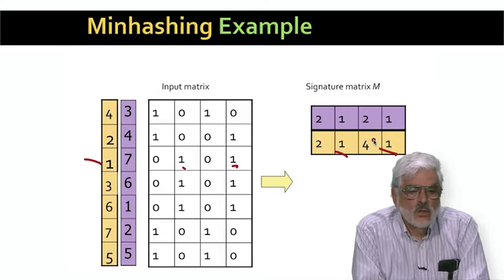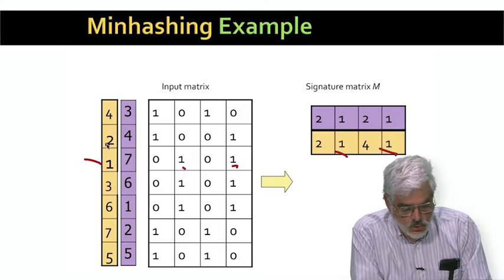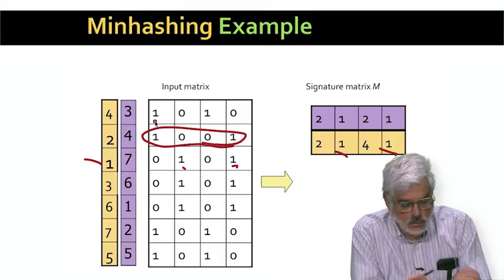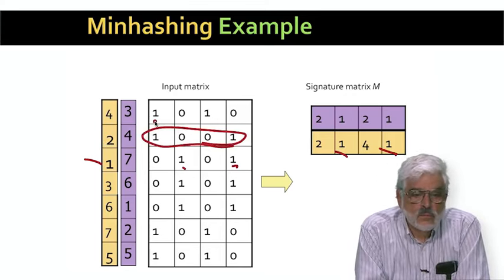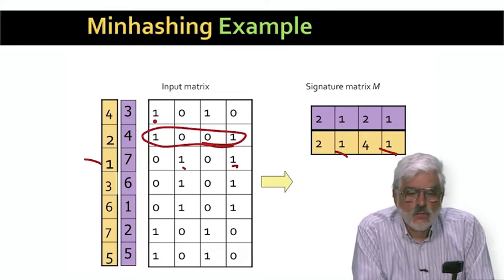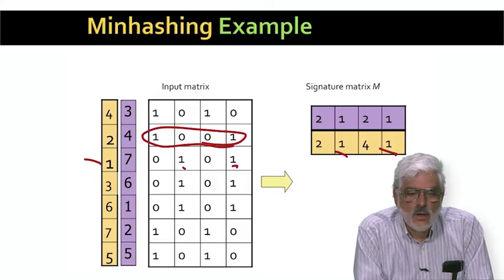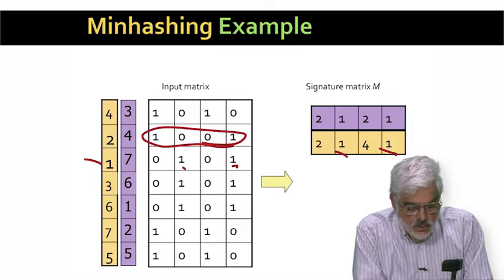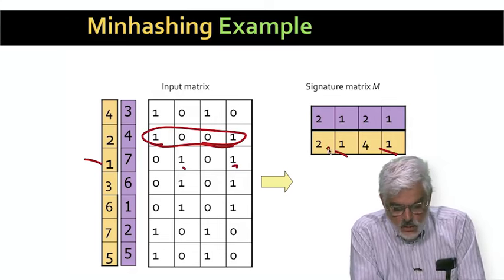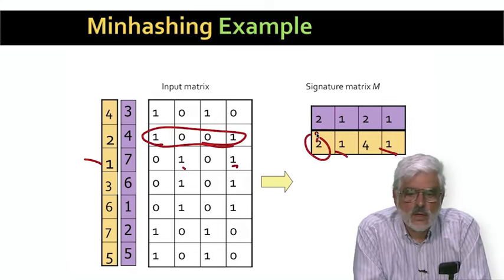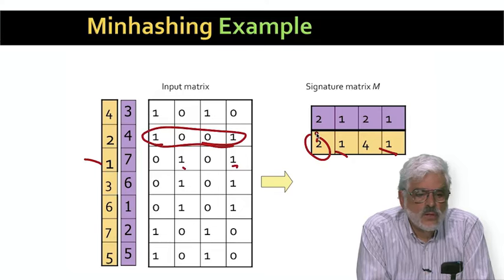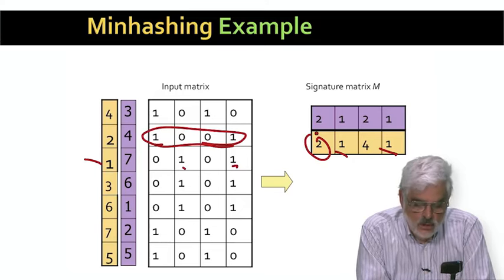Now, look at the second row in this order, which is row 2. It has 1 in columns 1 and 4. We can't assign value 2 to column 4 because we already have a value 1. But we don't yet have a value for column 1, so we assign it the value 2 as its min-hash value in the second min-hash function.